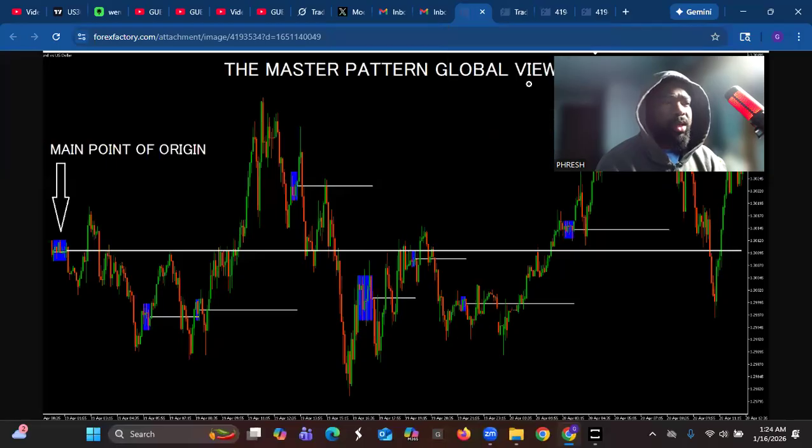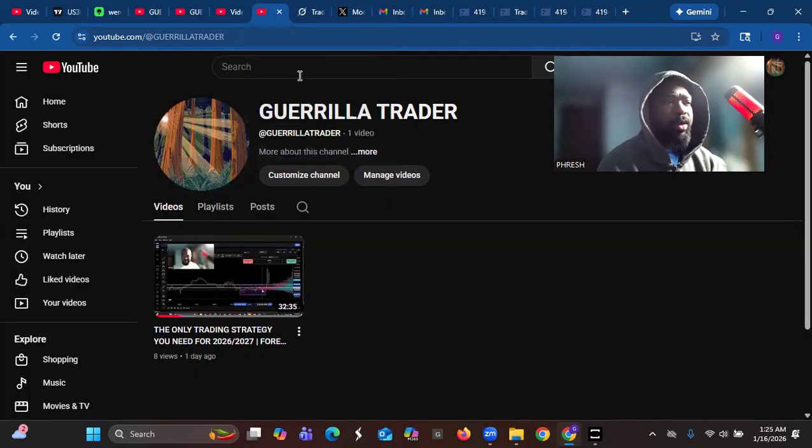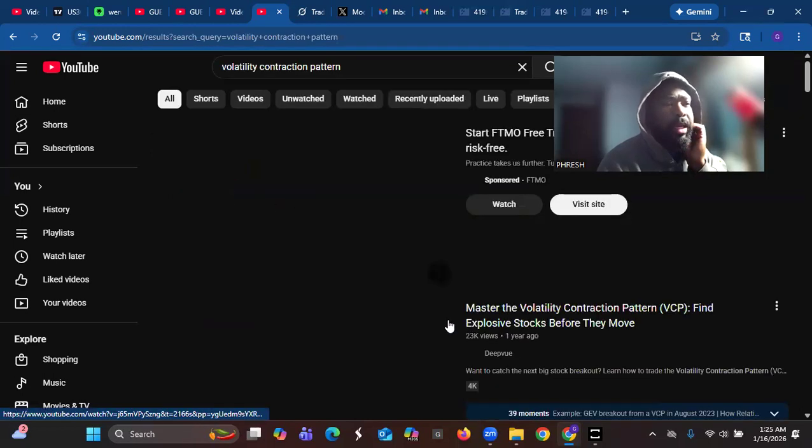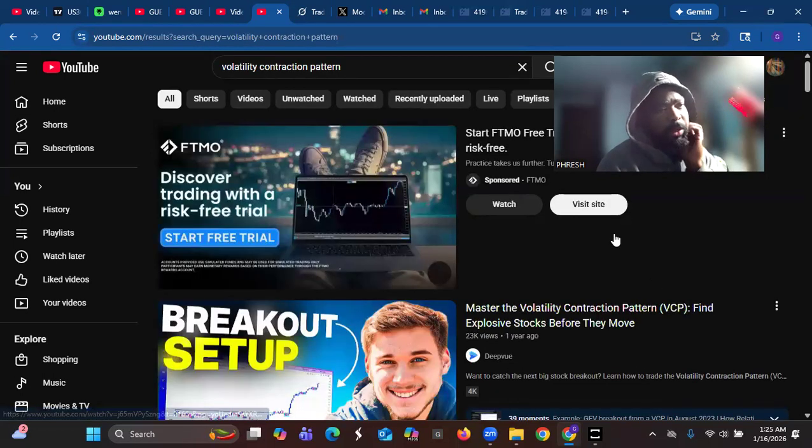So I'm going to explain a little bit about what the master pattern is. This is also called volatility, I'll look it up in a few, but it's the exact same thing. They call it the master pattern when it comes to trading Forex, the Forex master pattern, or they call it the volatility contraction pattern in the stocks world.